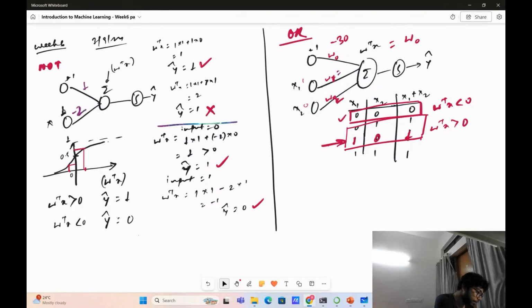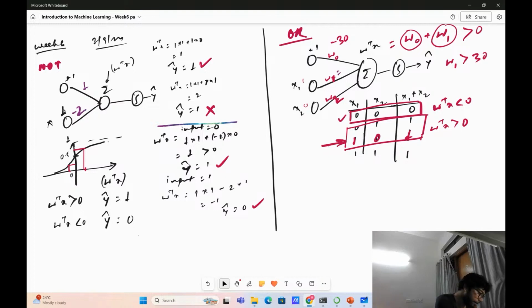W0 plus W1. We have already fixed W0 as minus 30. Now we want this summation to be greater than 0, so we'll set W1 as some value greater than 30. Only then will the summation be positive, otherwise it will be negative.